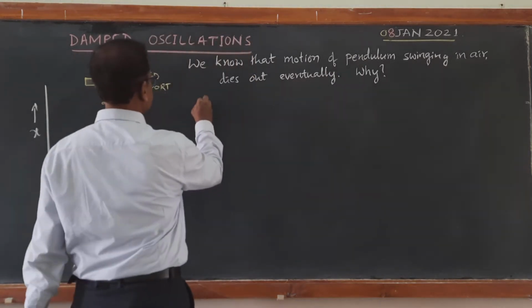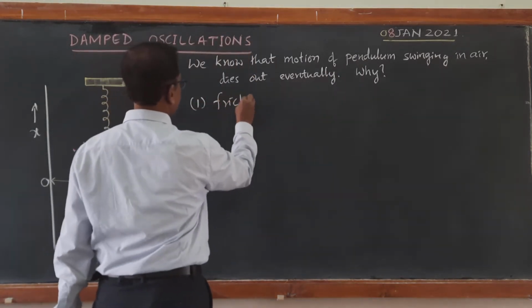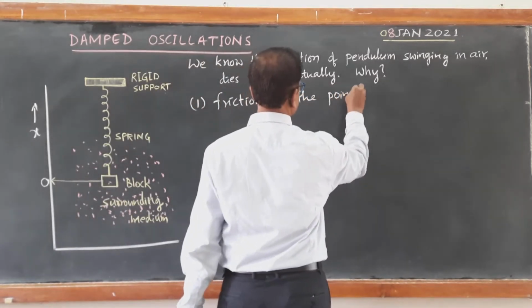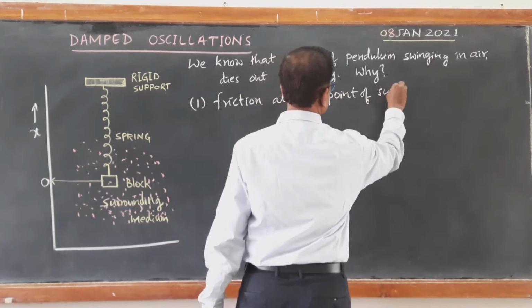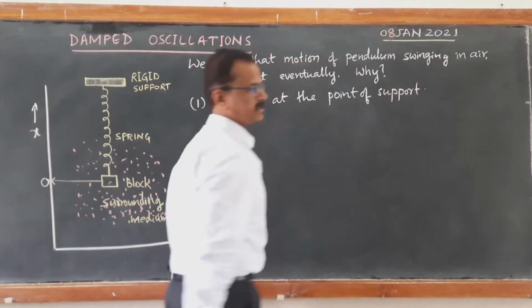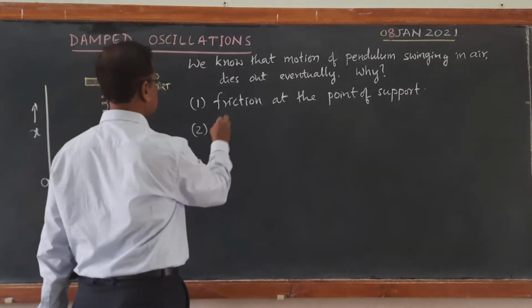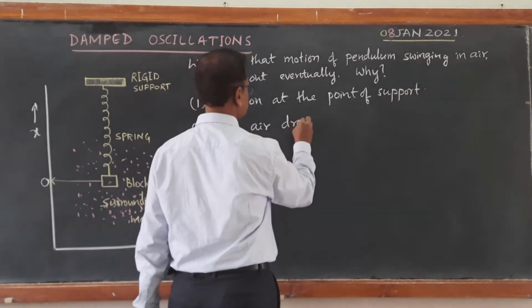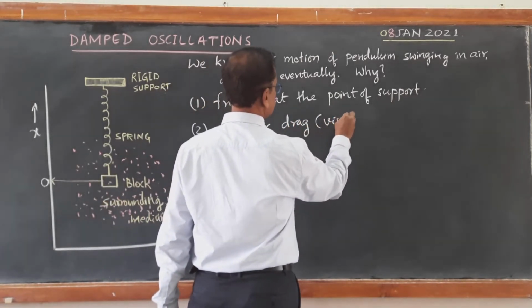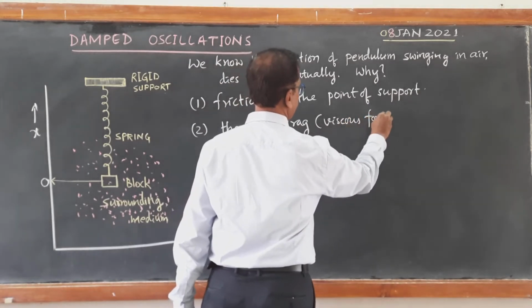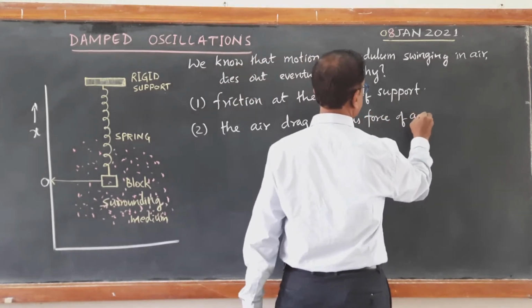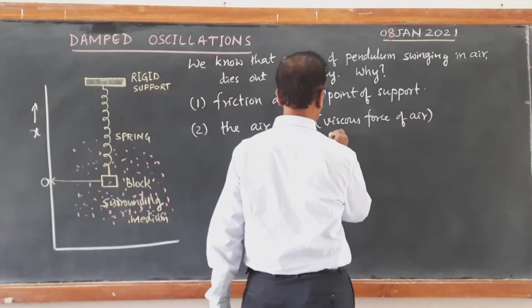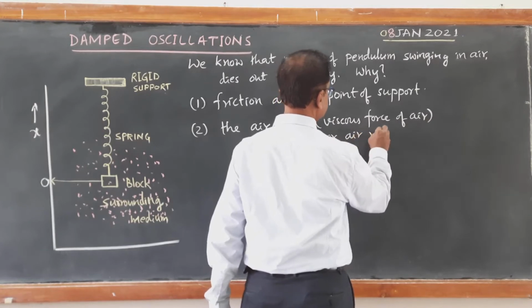The main thing is friction at the point of rigid support, and second thing is the air drag, that is the viscous force of air, which we also call air resistance.